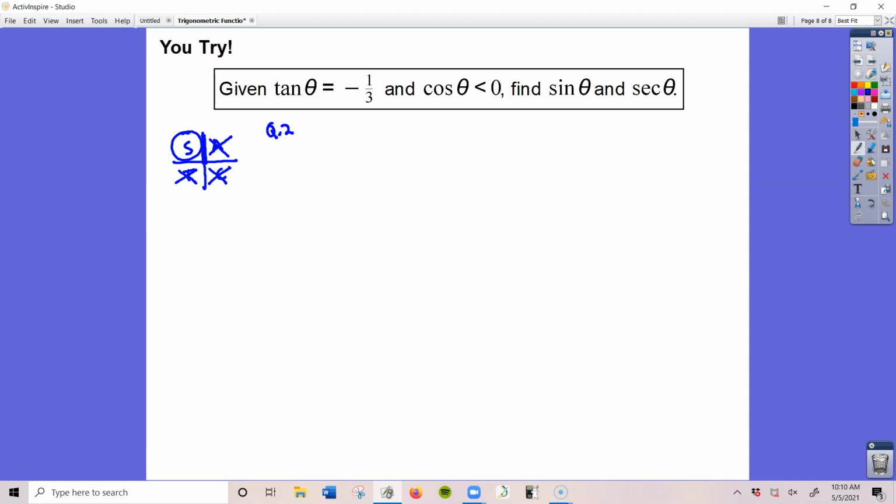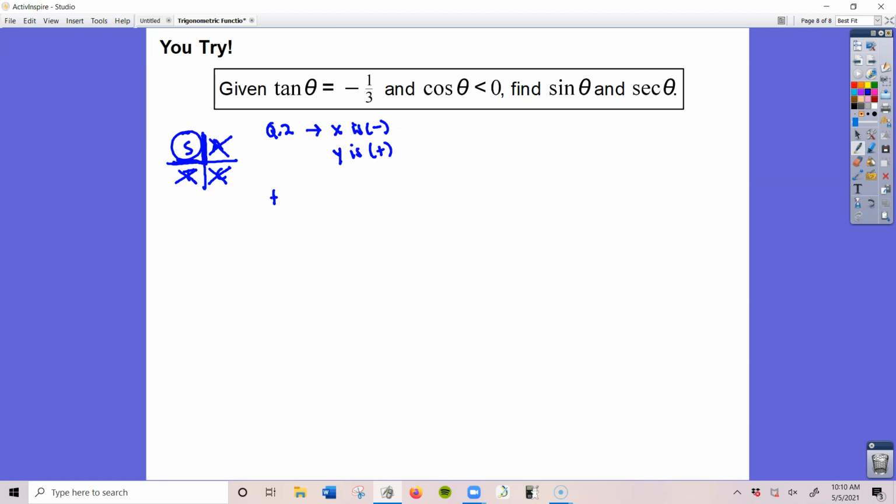Now in quadrant 2, we look at our axis here. The x is negative, since this is the negative x-axis, and the y is positive, because it's on the positive y-axis.